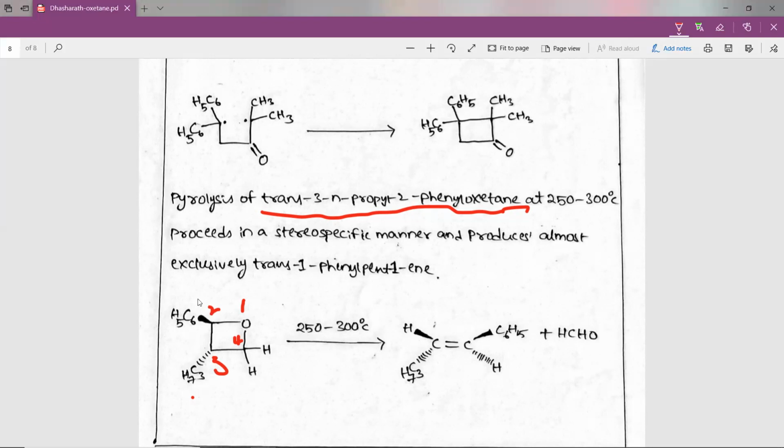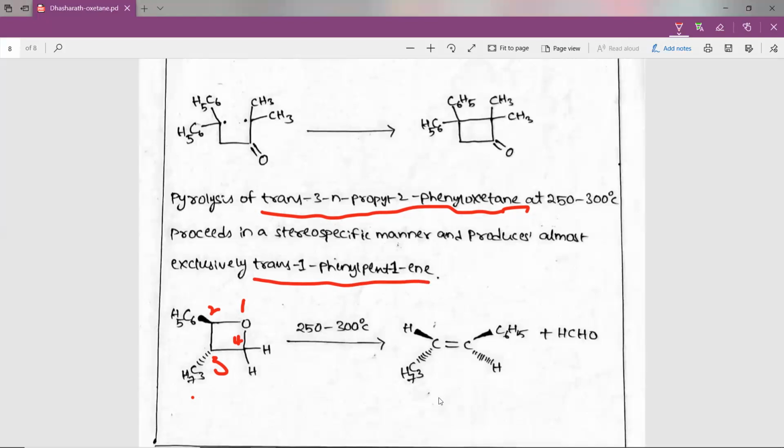Trans 3-n-propyl 2-phenyl oxetane at 250 to 300 degrees centigrade undergoes pyrolysis, and this reaction is stereospecific and gives almost exclusively trans 1-phenyl 1-pentene.